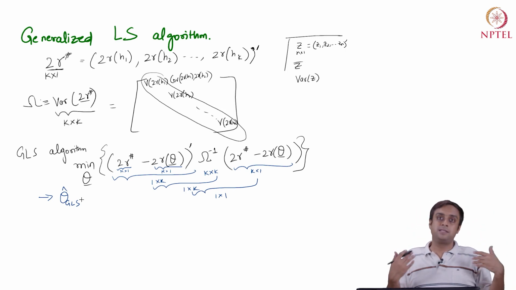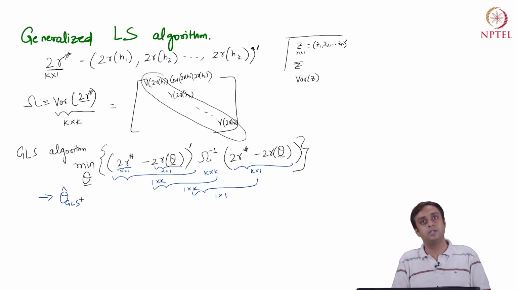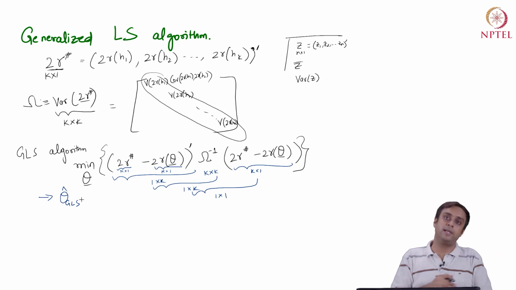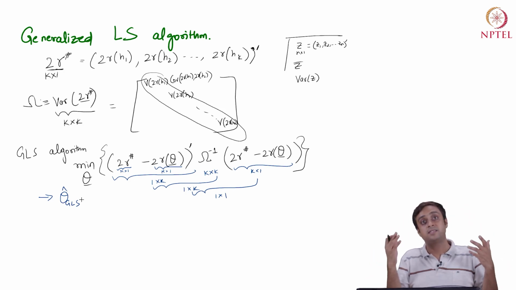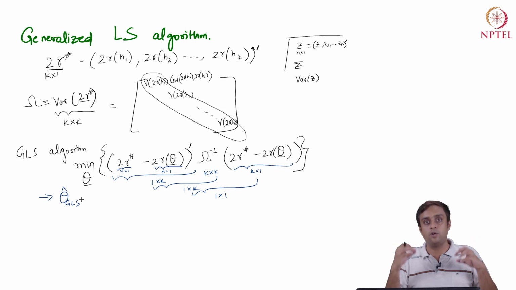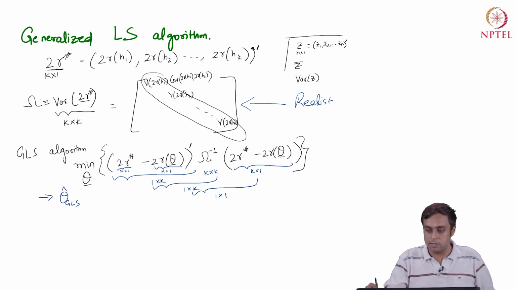So, that means the second moment of this variogram representation is likely to be more complicated than what least squares would assume. That is, the diagonal elements are the same and the off diagonal elements are 0. That is the least squares assumption, which may not be realistic. What may be realistic is what we have seen on the slide in front of you.